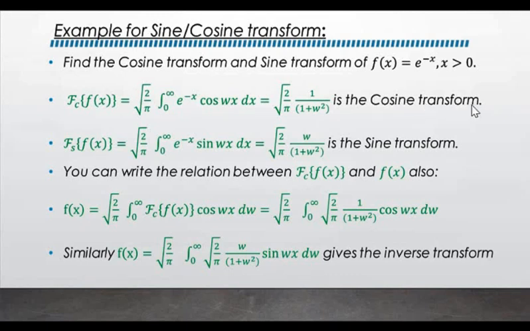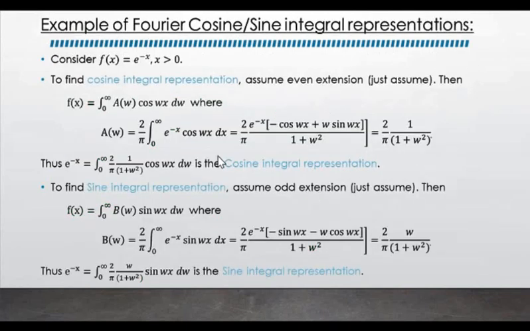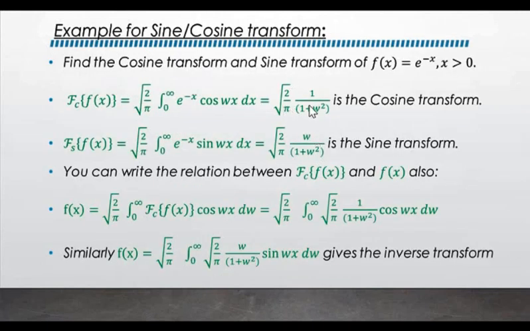So this is the cosine transform, and similarly the sine transform is obtained by multiplying by sin omega x and integrating. So this is the Fourier sine transform. You can see the difference between A omega, B omega and these. A omega just has 2 by pi, whereas Fc cap omega has root of 2 by pi. That is the only difference between the Fourier cosine transform and A omega, and similarly B omega also.